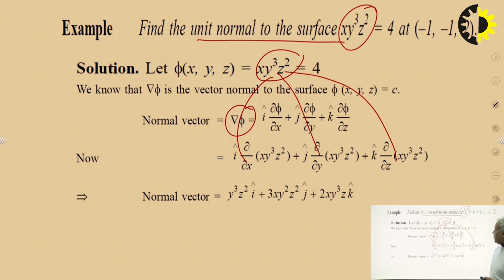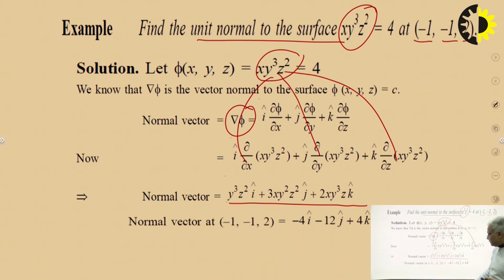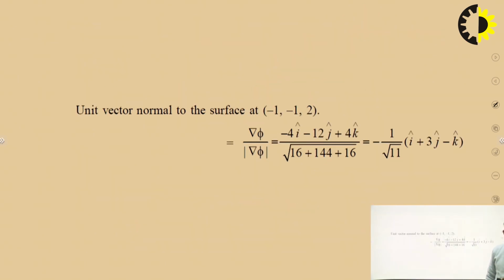And at the point (-1, -1, 2), the normal vector will be this, right? We differentiate with respect to x, y, z, and put in the point (-1, -1, 2). And finally, I calculate this is a unit vector in the direction of the normal to the surface. And how to calculate the unit vector normal to the surface at this point?